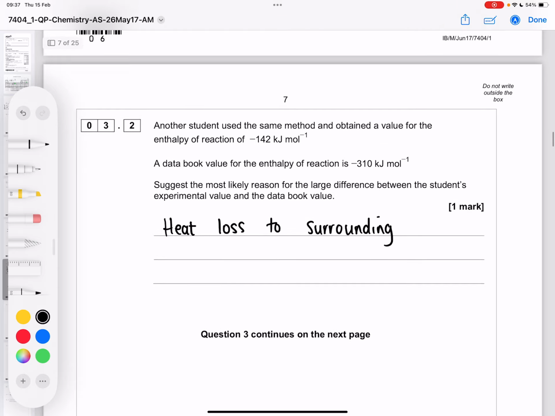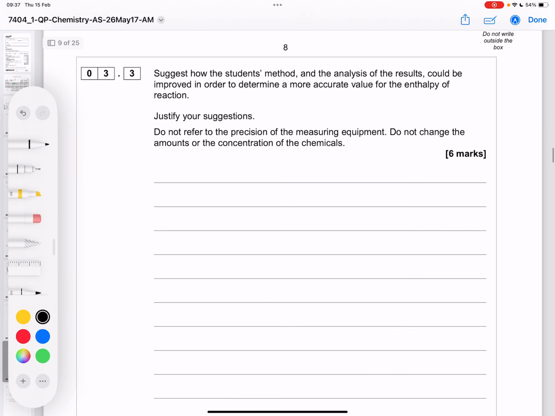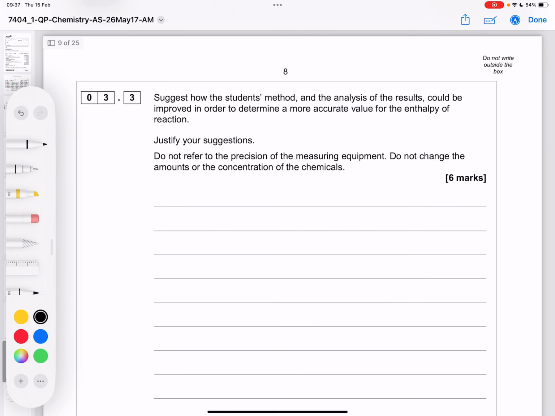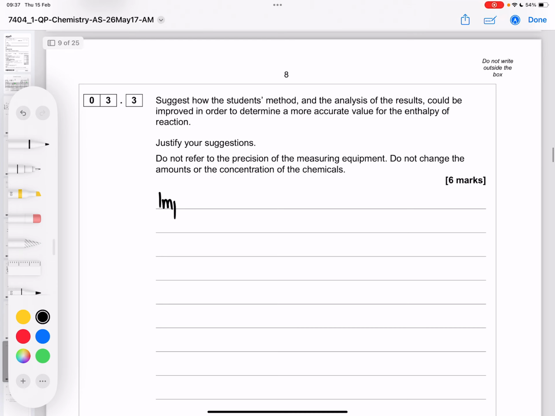Perhaps when you did it, did you use some insulation of some description? Most students would have used a polystyrene cup supported in a beaker to provide additional insulation, perhaps with a lid. So did you improve the insulation? Did you use a better insulated reaction vessel?